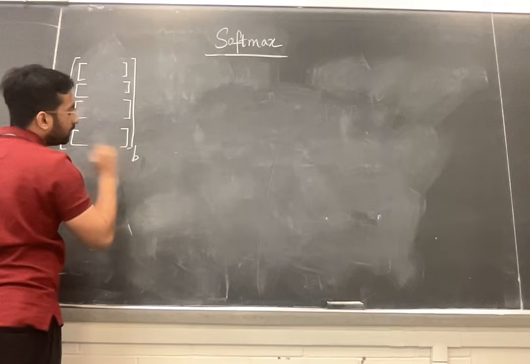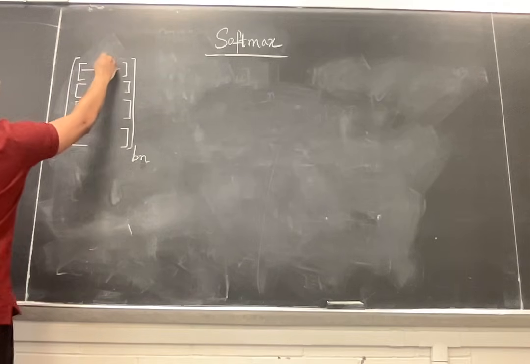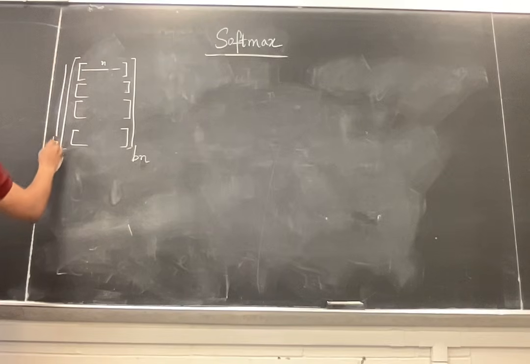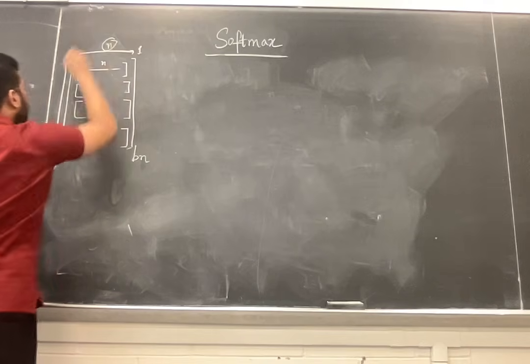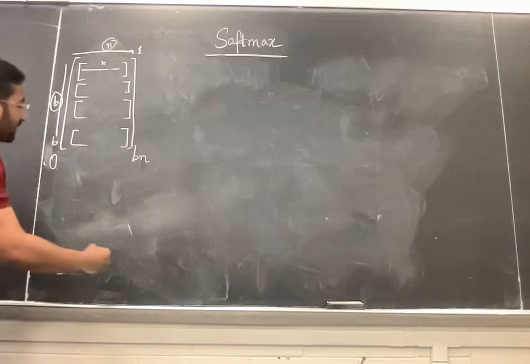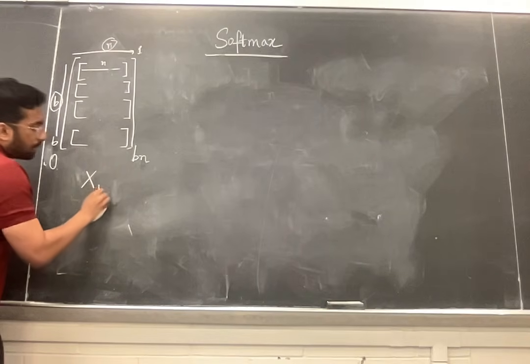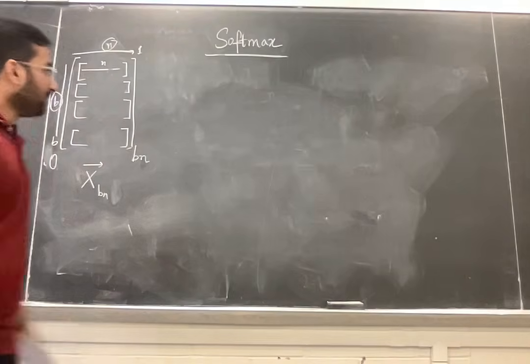So you have B, N. So N dimensions here, and B of them here. So this is axis 0, and this is axis 1. N dimensions and B dimensions here. So we call it Bn. So let's give it a name. So let's call this capital X Bn. To note it, it's a tensor.